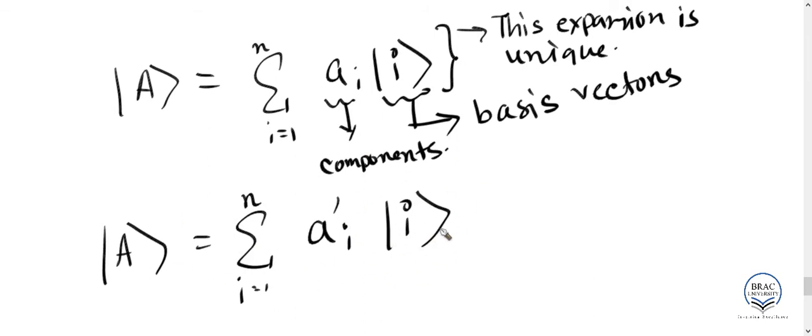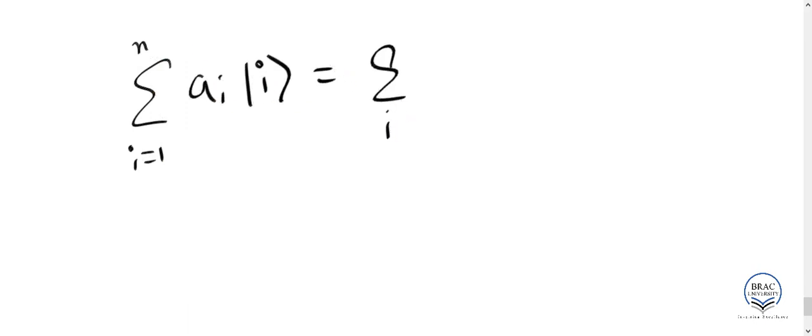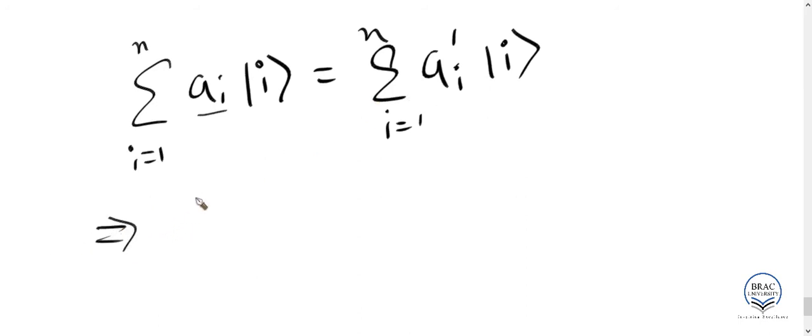By comparing these two equations, the sum over i from 1 to n of a_i e_i is equal to the sum of a_i prime e_i. From here you can easily see that these two would be equal, but let's do it in a more formal way.